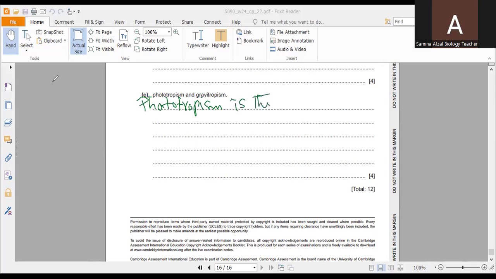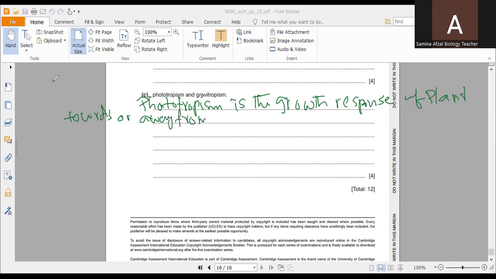Phototropism is the growth response of a plant towards or away from light. In this case, light acts as a stimulus.